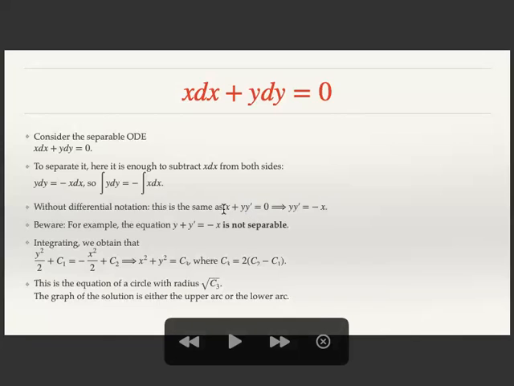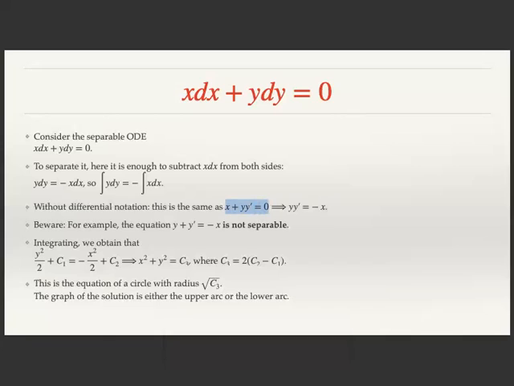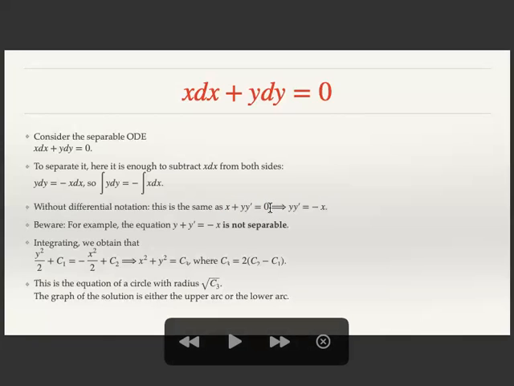This is how this equation would look without the differential notation. It would be x plus y prime is equal to 0, which is the same as y prime is equal to minus x, or you could also write it as y prime is equal to minus x times 1 over y. So it's clear that it's a separable equation.